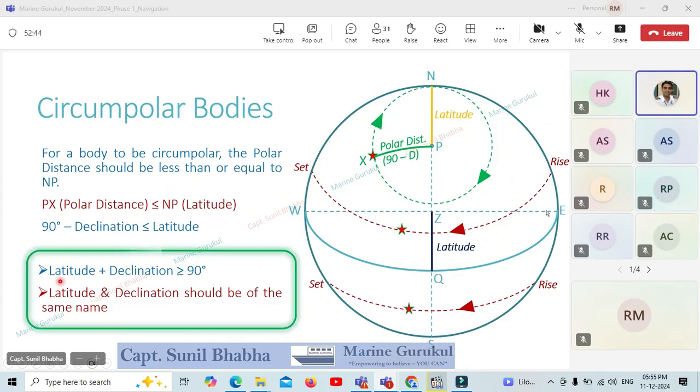So these are the two conditions which need to be met for a body to become circumpolar: latitude and declination of the same names, and latitude plus declination greater than or equal to 90 degrees. So remember these two conditions for a body to become circumpolar.